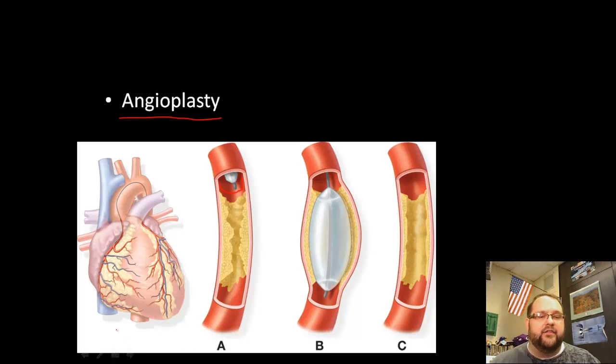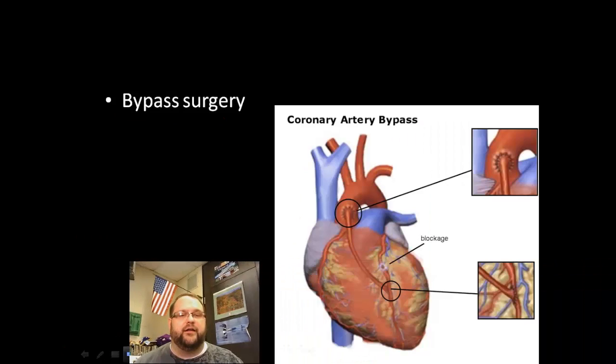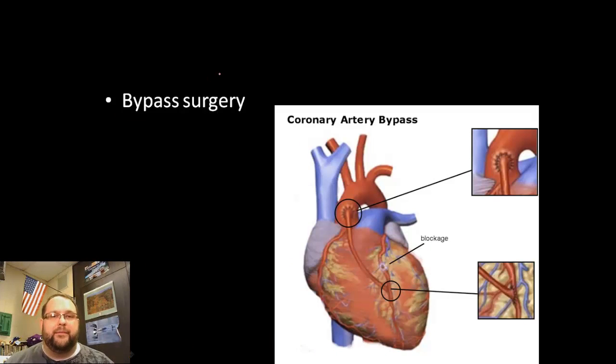Another thing we can do to help relieve coronary artery disease is a coronary artery bypass. You hear about people who have double bypasses or triple bypasses, and that's where they bypass the blockage. Here's your heart, here's a coronary artery, and there's where the blockage is.